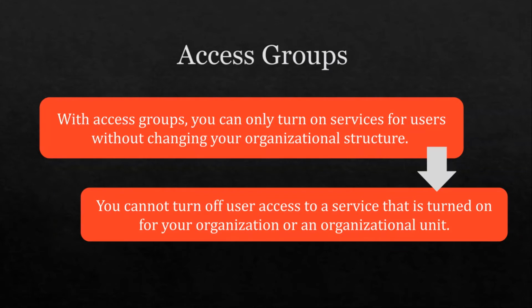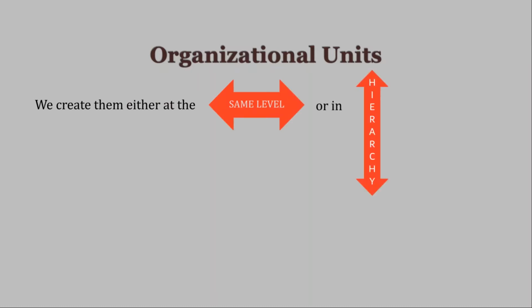Now, what are organizational units and where do we create them? As the name suggests, organizational units are different units of the organization like finance, marketing, sales, developers, etc. And they are created either at the same level or in a hierarchy.